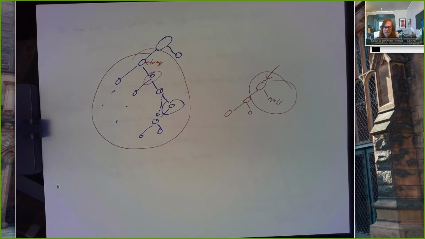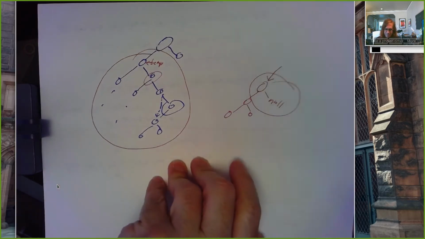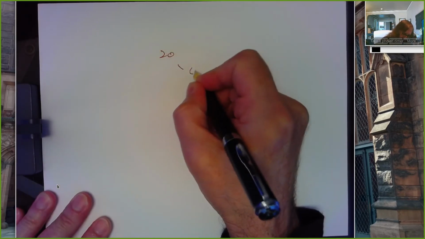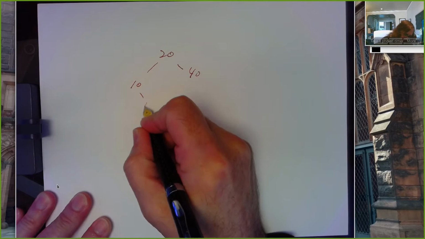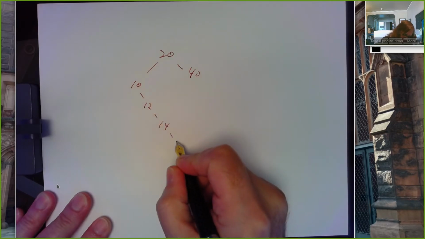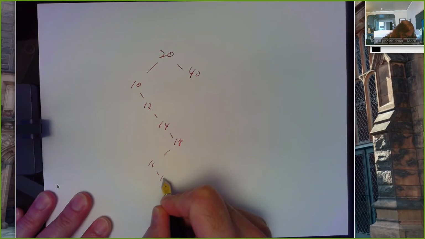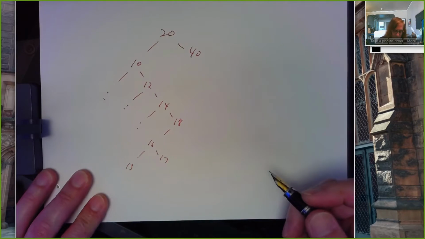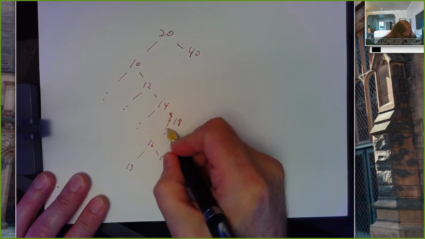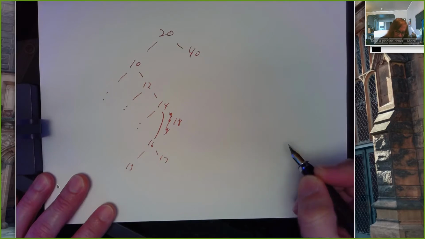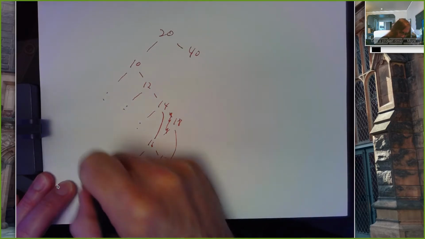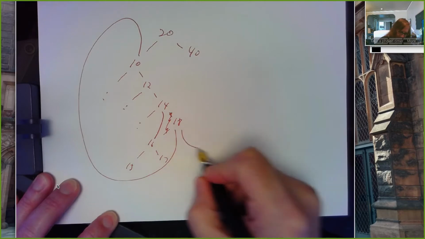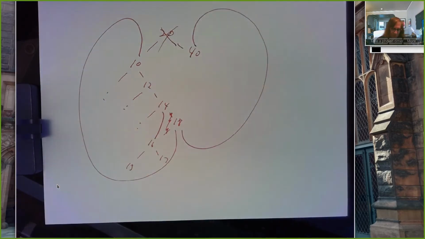And nothing is being modified as far as the values of the nodes. What's really happening is 14 is changing to adopt 16 on the right, and 18 is changing to pick up 10 on the left and pick up 40 on the right, and 20 is going away.